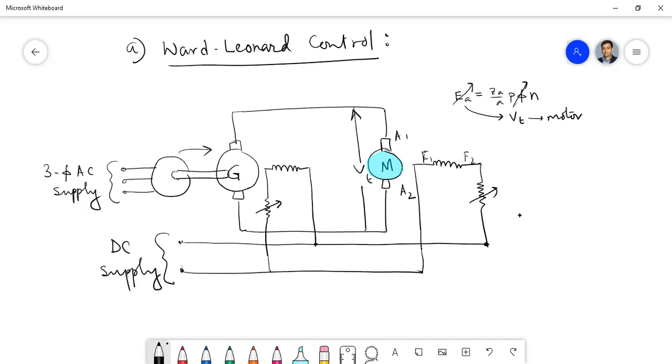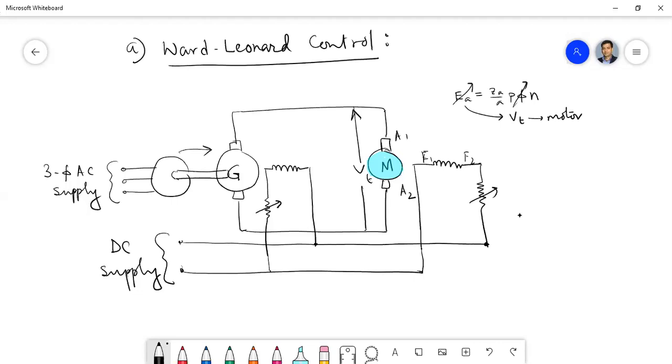So generator is under the field flux control of its own, but that field flux control is basically acting as a terminal voltage control of the motor. And the motor has its own field control. So there are lots of options for controlling the speed of the motor.